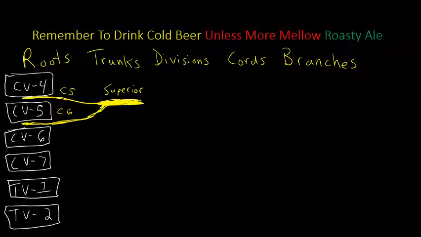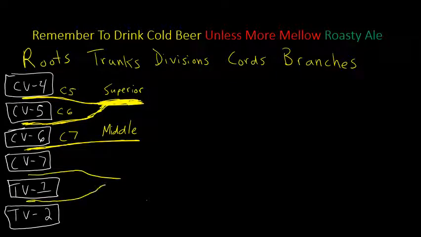Next we have C7, which will extend out all on its own in order to form the middle trunk of the brachial plexus. Then we'll have C8 coming together with T1 in order to form the inferior trunk of the brachial plexus.